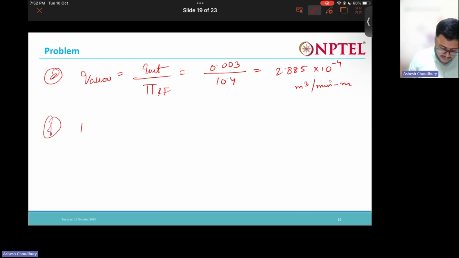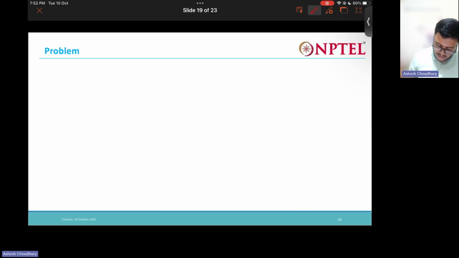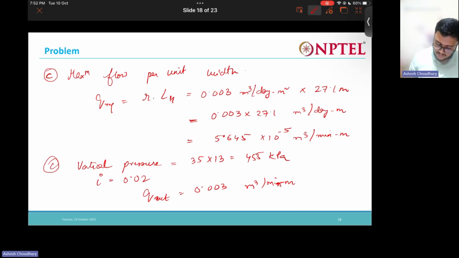Therefore, finally, factor of safety is Q allowable by Q required. What is the required? 5.645 into 10 to the power minus 5.